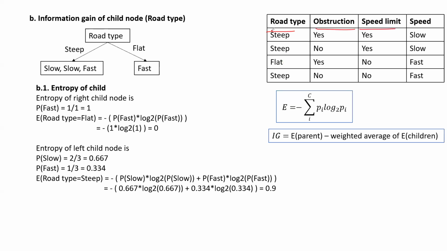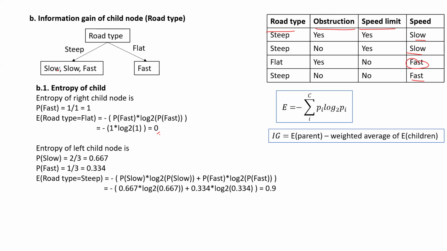When it is steep, the labels are 2 slow and 1 fast. And for the flat, it is 1 fast label. The entropy of this is 0 because we have only one label. That means it is pure.